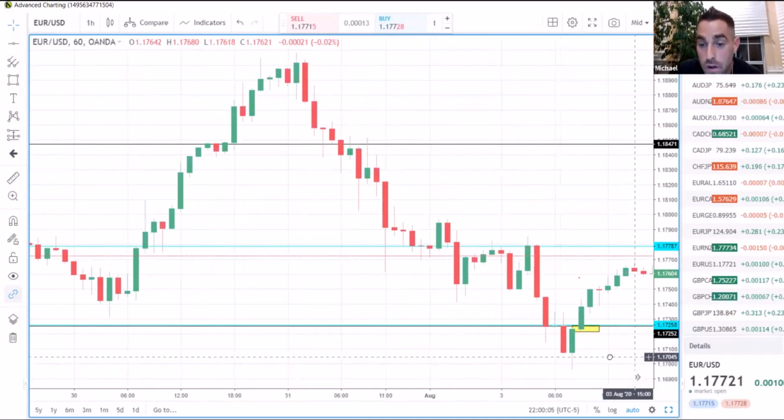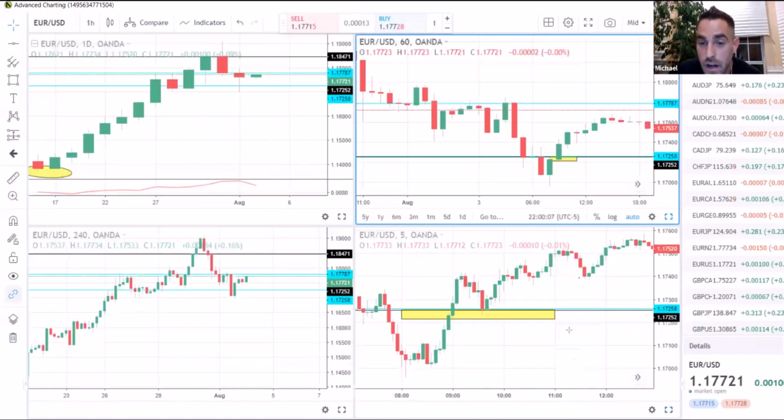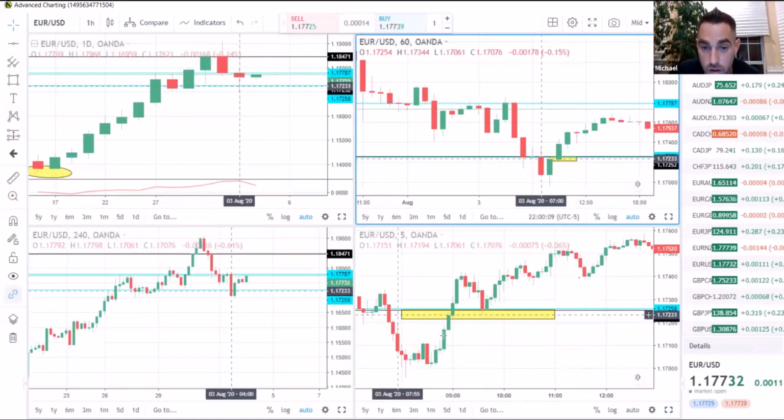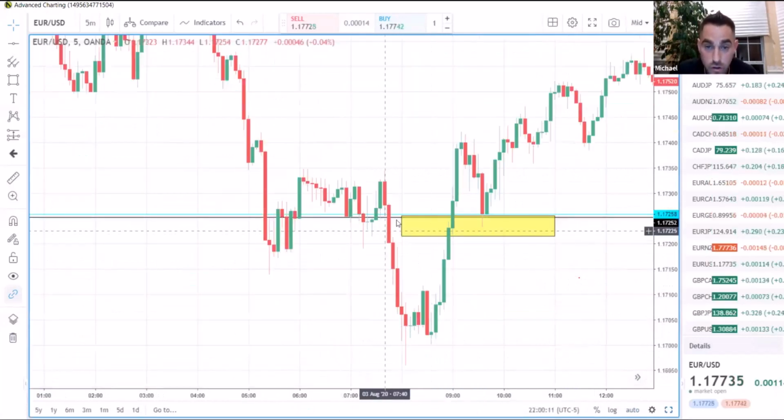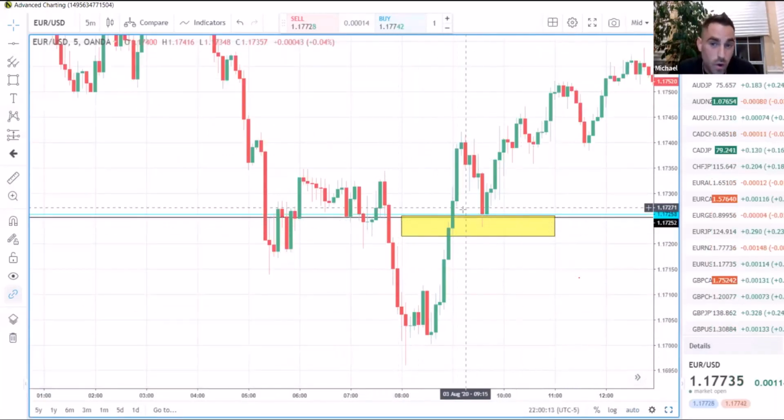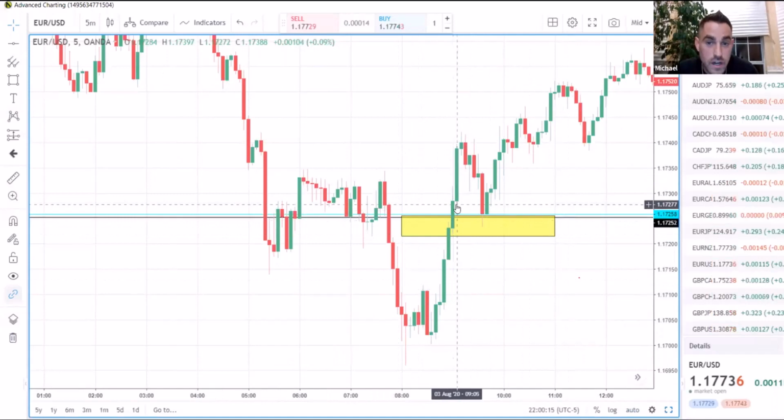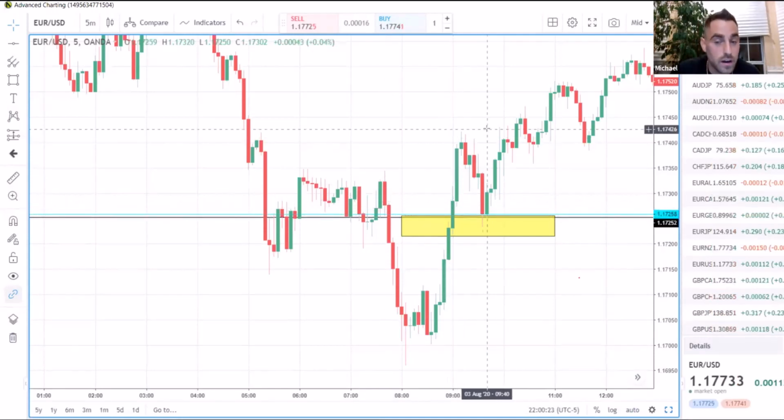Now on a 5-minute chart, I needed a 5-minute green candle to close above that anchor line. I got the green close above that anchor line, so I could have just taken a market order right there. Boom. It's aggressive, but I could have done it.